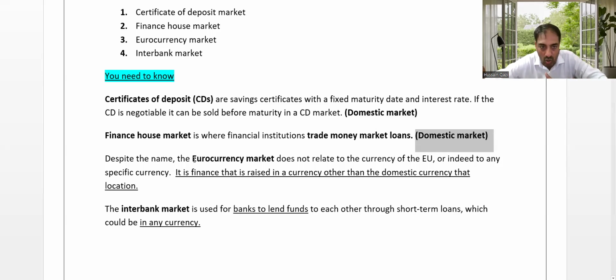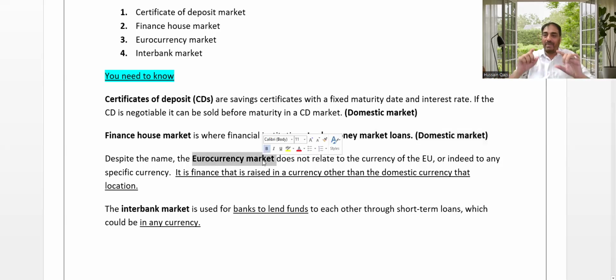But the euro market, by its name euro, it's not compulsory that we have to invest or borrow money only in euro. Any company or any bank that wants to issue bonds in the euro markets doesn't need to use only the euro currency.